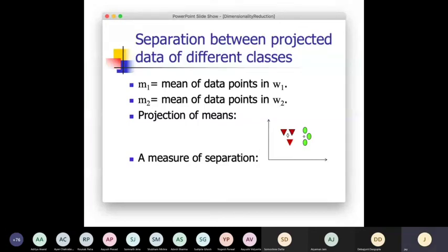If I get the mean of the data points and project it, what should be the mean? M1 transpose U. But what is the property with respect to the mean of the projected points? You can prove it very easily. The projected mean is the same as the mean of the projection. What does it mean mathematically?